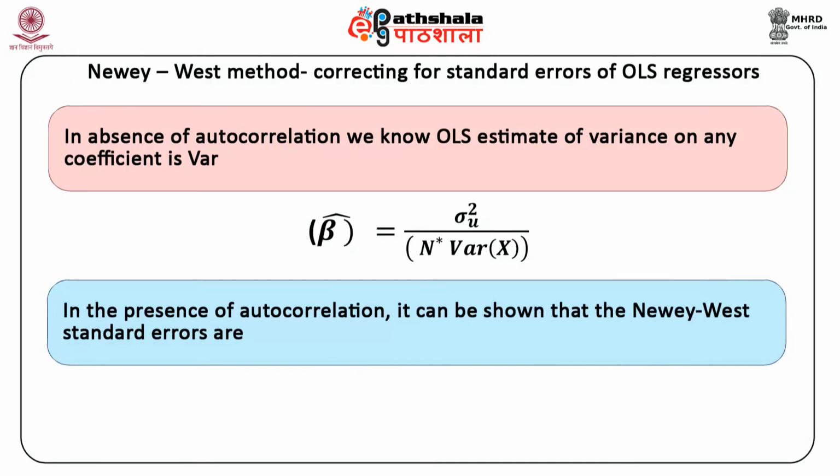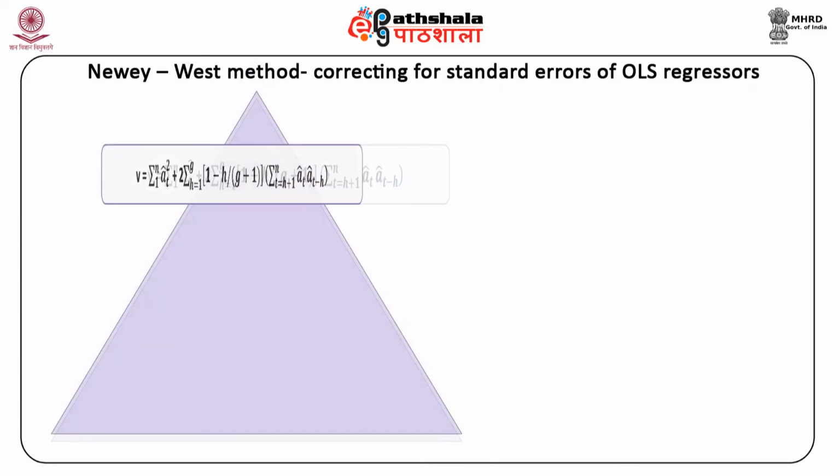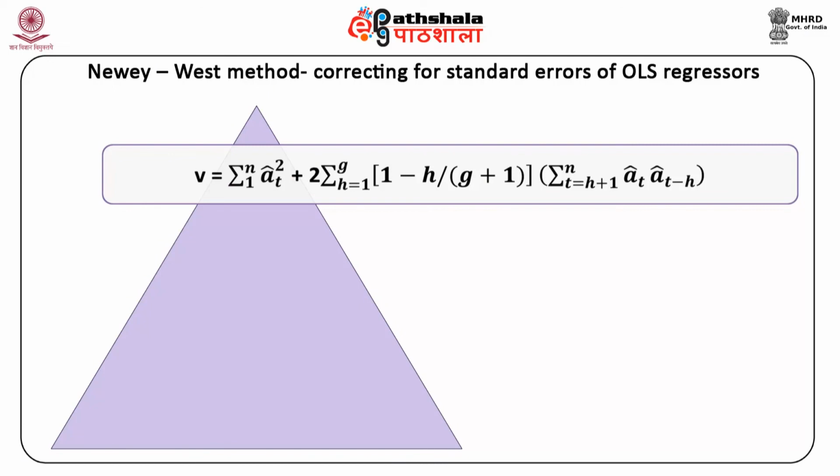In the presence of autocorrelation, it can be shown that the Newey-West standard errors are: variance of beta star is equal to variance of beta hat into nu upon sigma u, where nu is equal to sum from t equals 1 to n of at hat square plus twice sum from h equals 1 to z of (1 minus h upon z plus 1) into sum over t ranging from h plus 1 to n of at hat into at minus h hat.